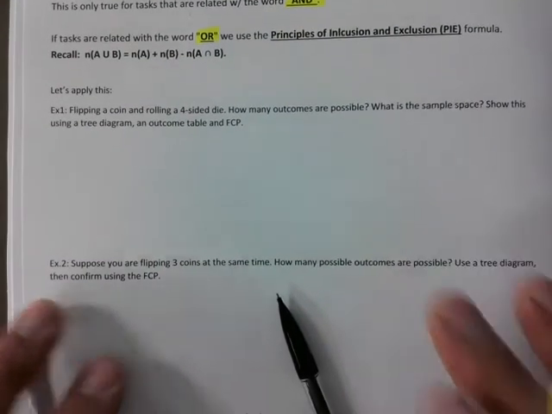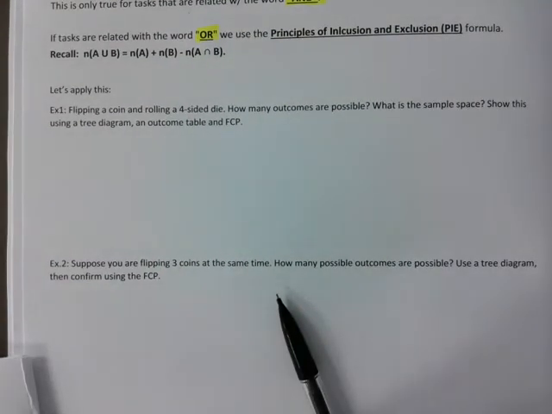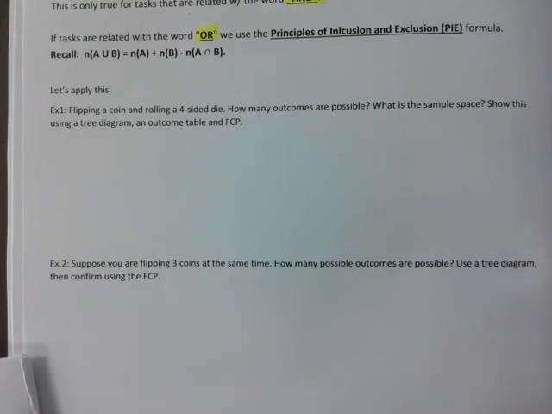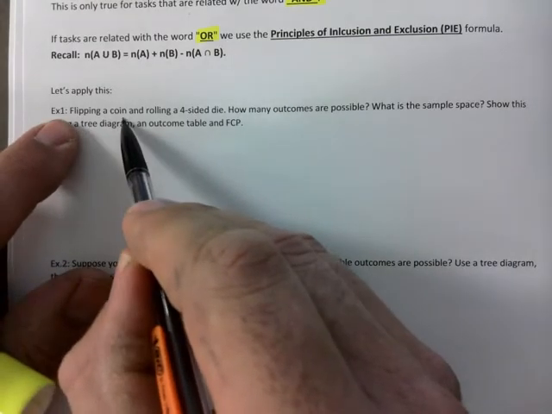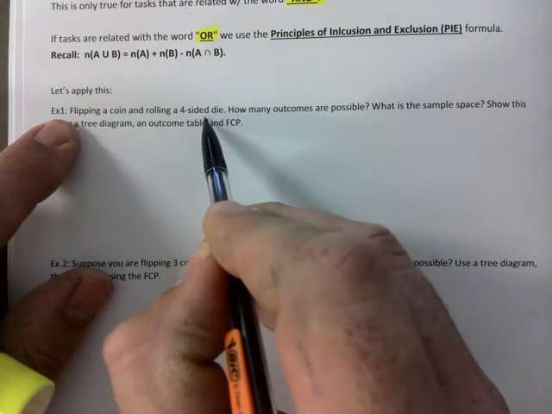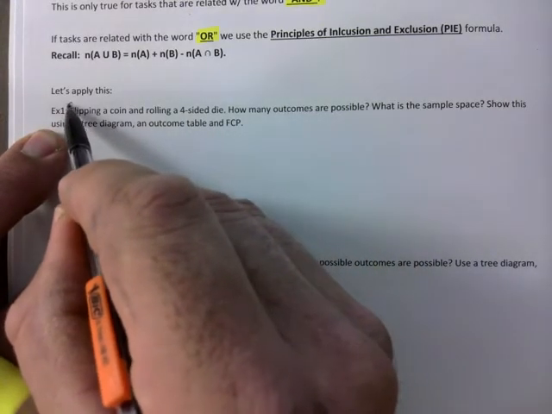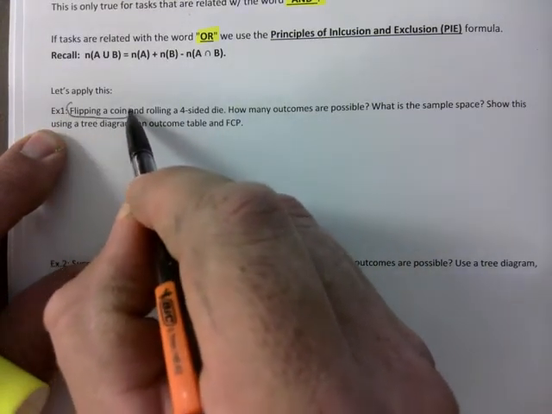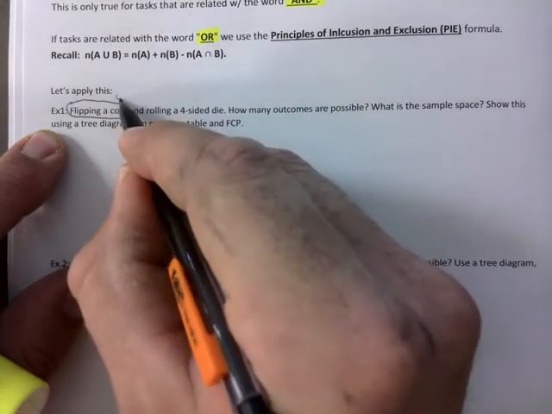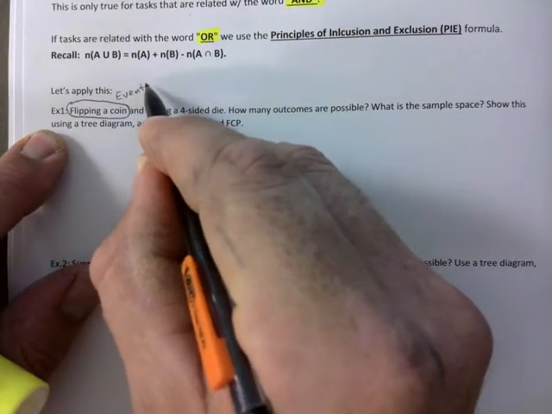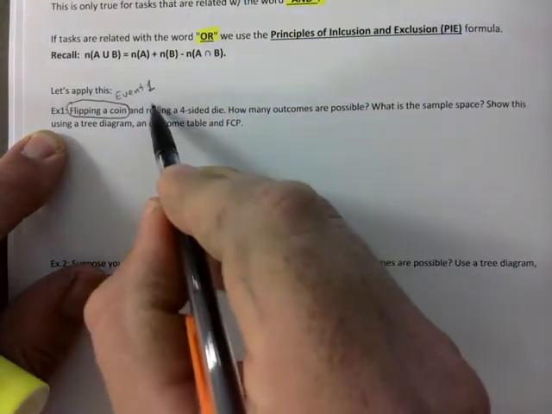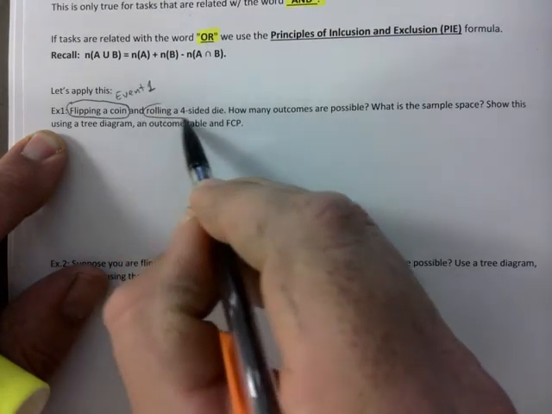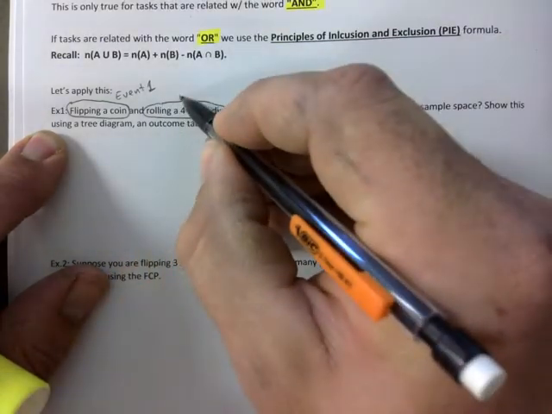Let's apply what we've just learned. Let's say you're flipping a coin and rolling a four-sided die. Flipping a coin would be event number 1, and rolling a four-sided die would be event number 2.